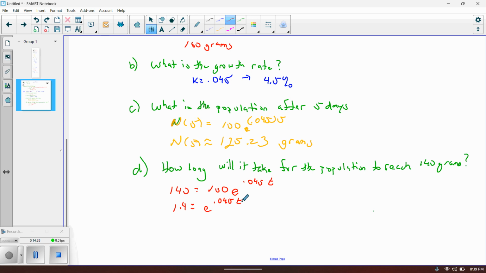The only way to get that variable out of the exponent is to rewrite this in terms of logs.